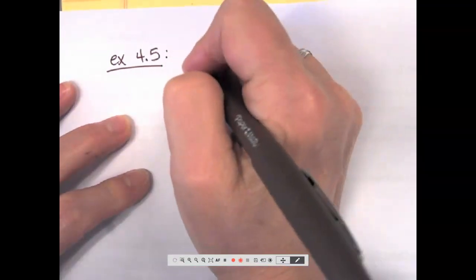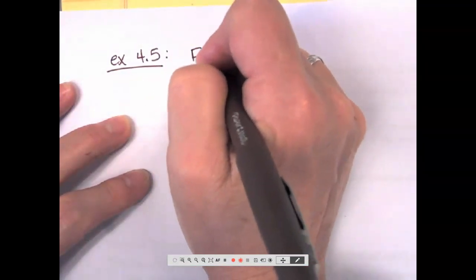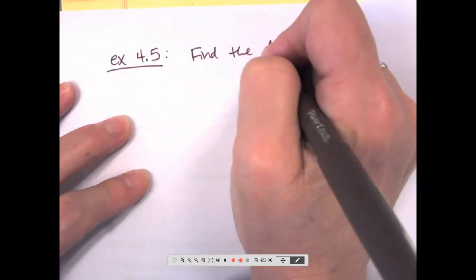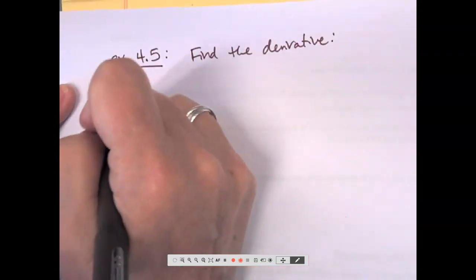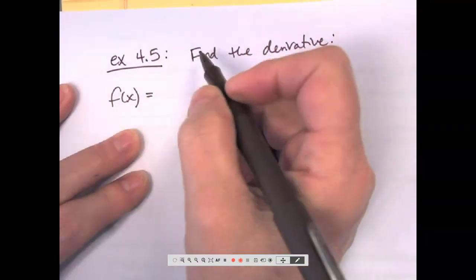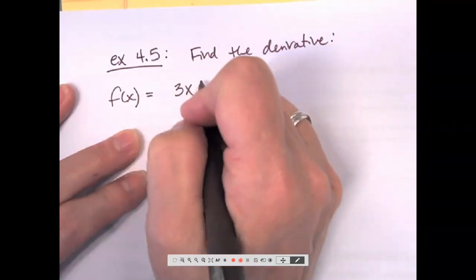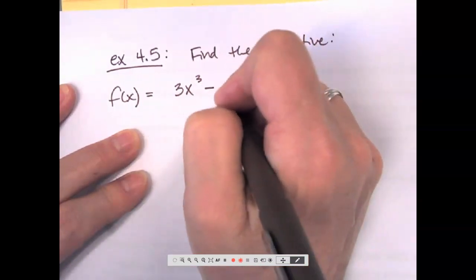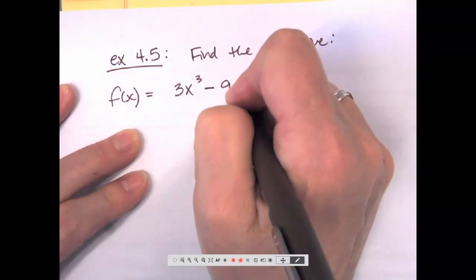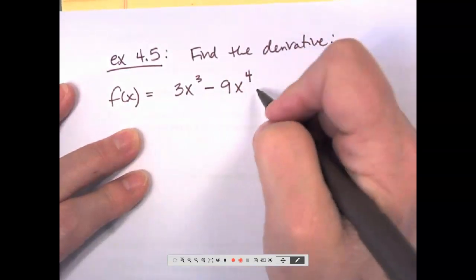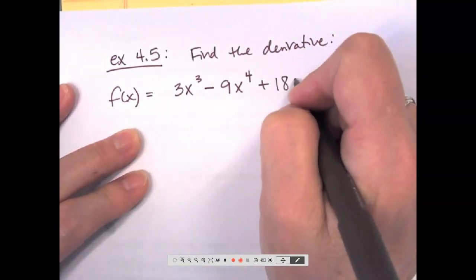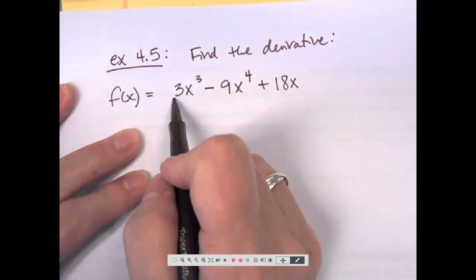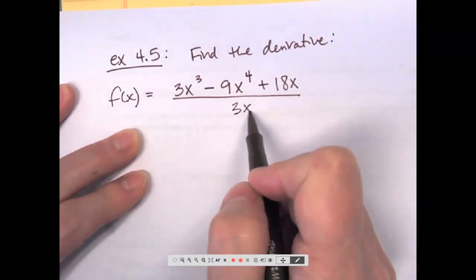All right, so we're going to find the derivative. f of x is 3x cubed minus 9x to the 4 plus 18x over 3x.